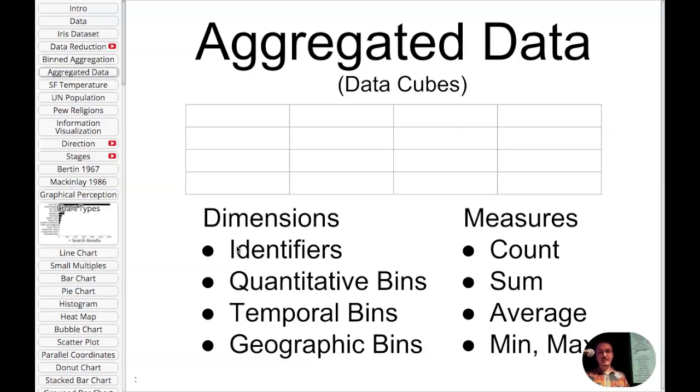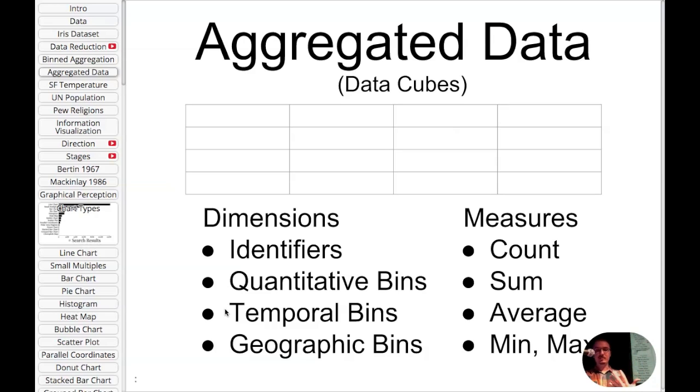You could have identifiers as bins, like small, medium, large, or California, Massachusetts. You could have quantitative bins, and that's what you get when you compute a histogram, between 0 and 2, and between 2 and 4 as bins.